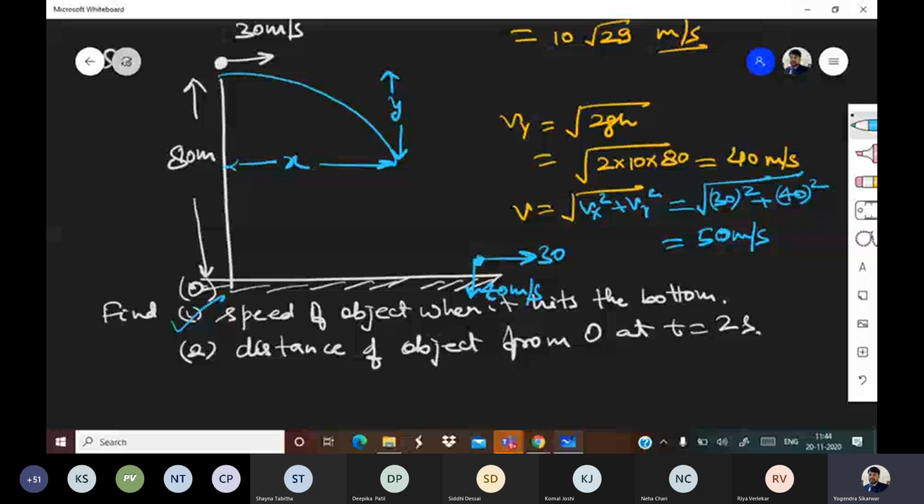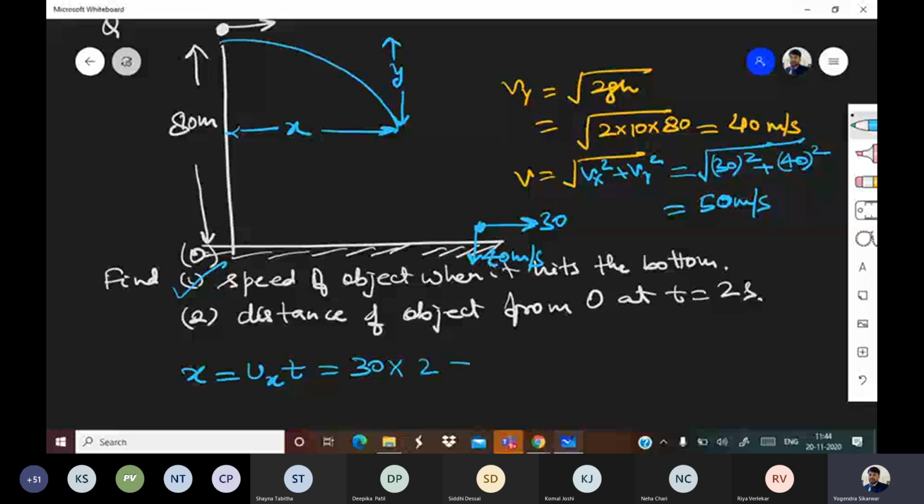Ux was 30 and t is 2. So this is 60 meters. Now Y, how much it has fallen? Y will be half g t square, so half into 10 into 2 square. That is 20 meters.